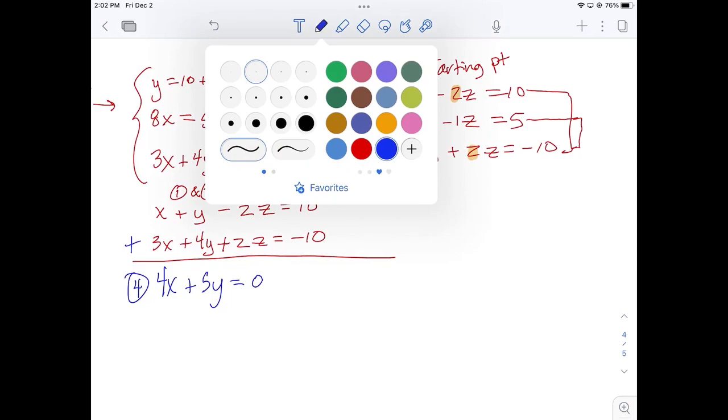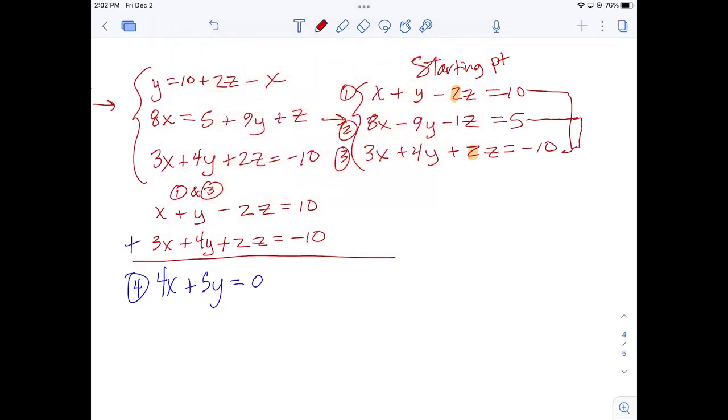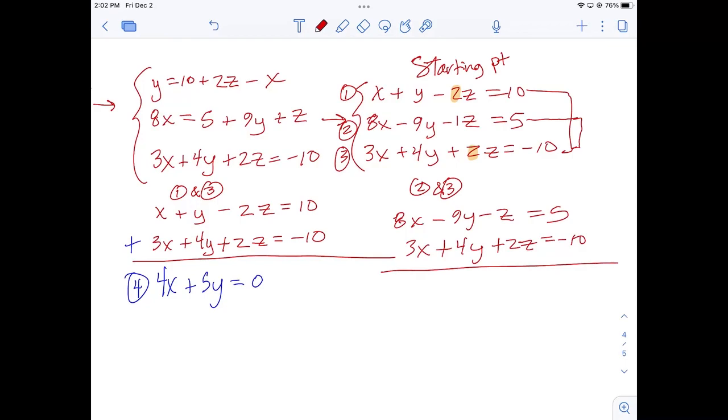All right, then we do it again over here. We're going to have equation 2 and 3 now. So 2 is 8x minus 9y minus z. And 3 is, it's a little bit of rewriting, a little bit of writing all over the place, but writing is the easy part. Now I have to do something in order to eliminate the z here. What is that? I can't solve the system just yet because I have to get the coefficients the same, don't I?